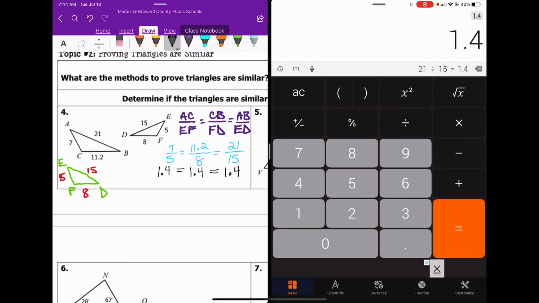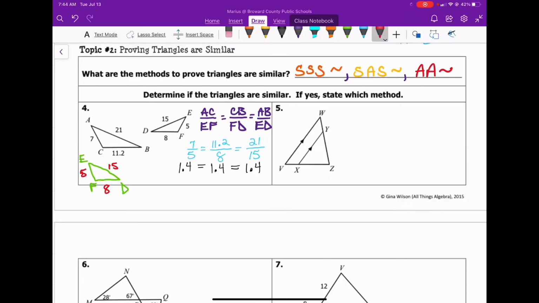So since all the proportions are the same, we can conclude that they are similar. And they are similar because of side, side, side. All right. Let's take a look at number 5.